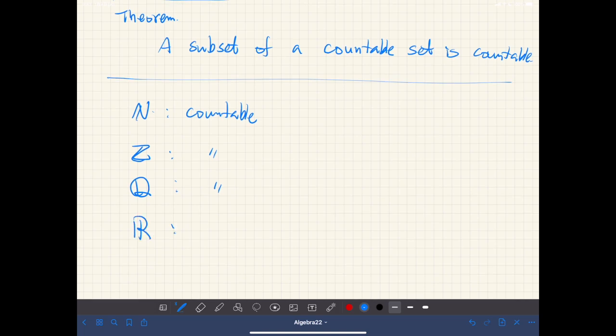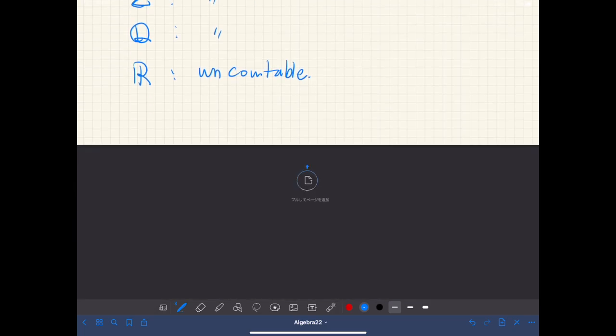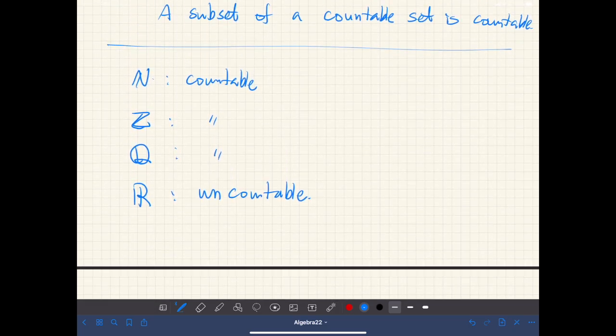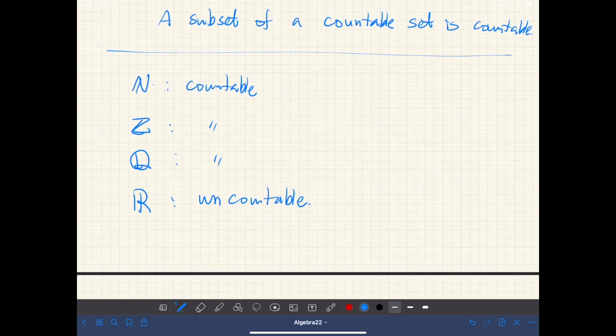Is it countable? It's uncountable. So, although the set of rational numbers and real numbers are quite similar, there is a huge difference between them.